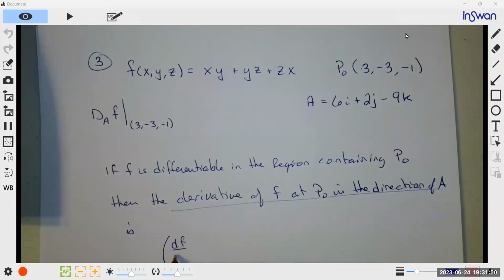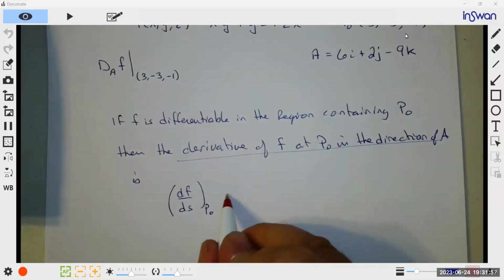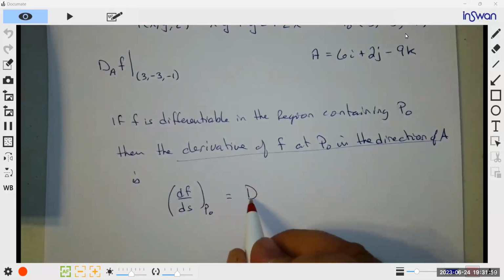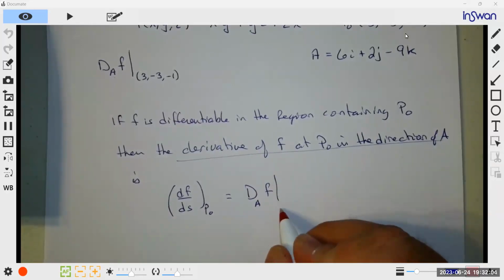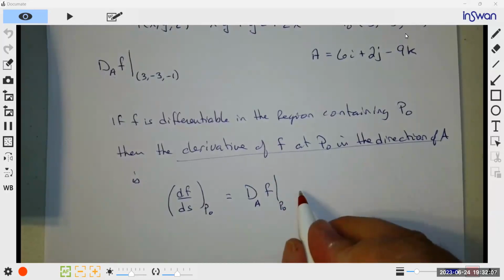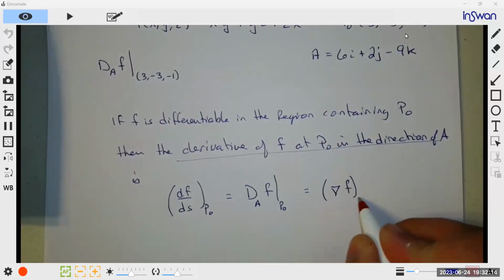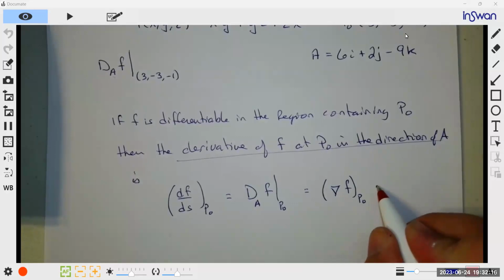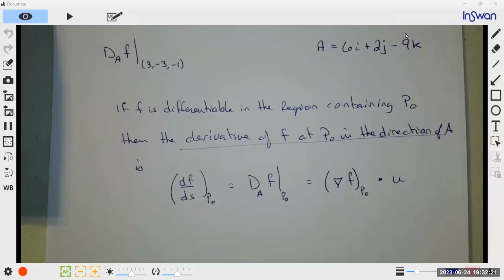The derivative of f over s at the point p sub 0, or the derivative of f in the direction of a at p sub 0, or we can just look at the del function at the point p sub 0 dot the unit vector. So we'll be using this function.